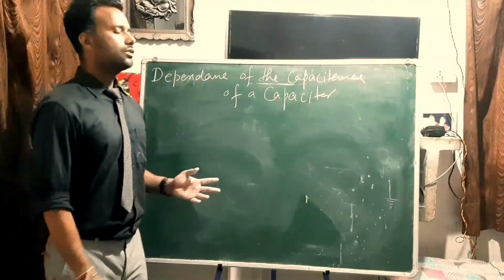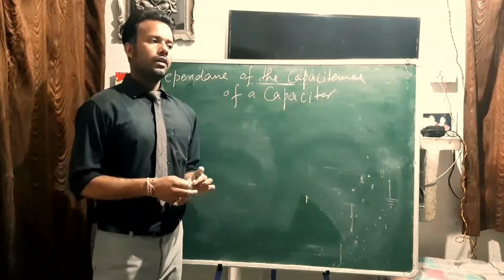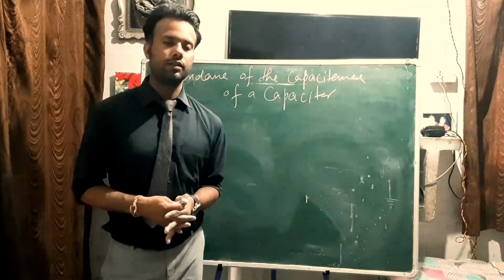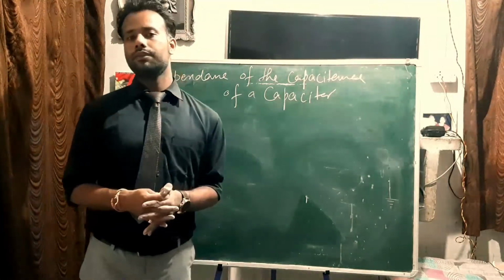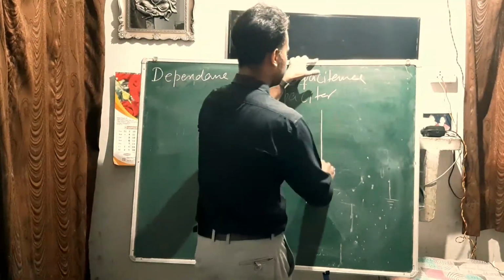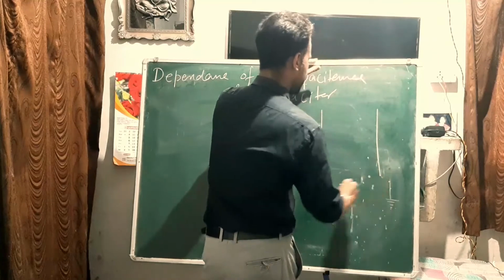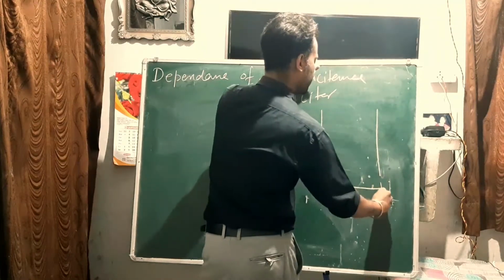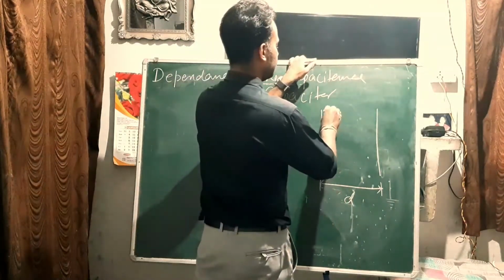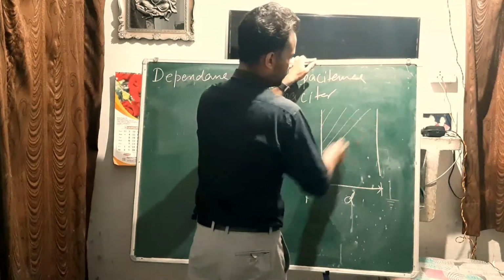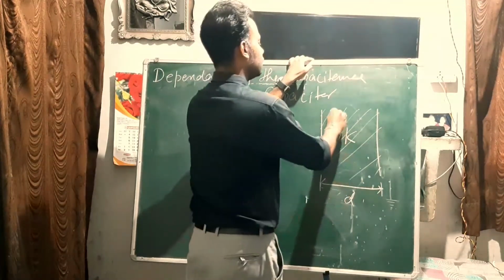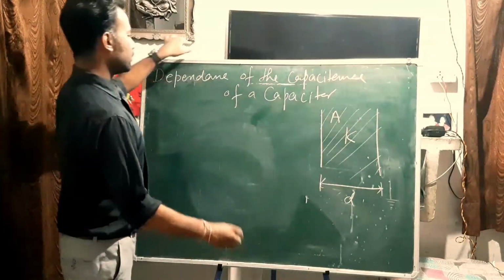Dependence of the capacitance of a capacitor: we have already determined the formula of the capacitance of a parallel plate capacitor, and that was C equals to K epsilon naught A upon D. See, these are the plates, and they are separated by a distance D, and let's say they are filled with some dielectric constant K, having overlapping area A. What was the formula?